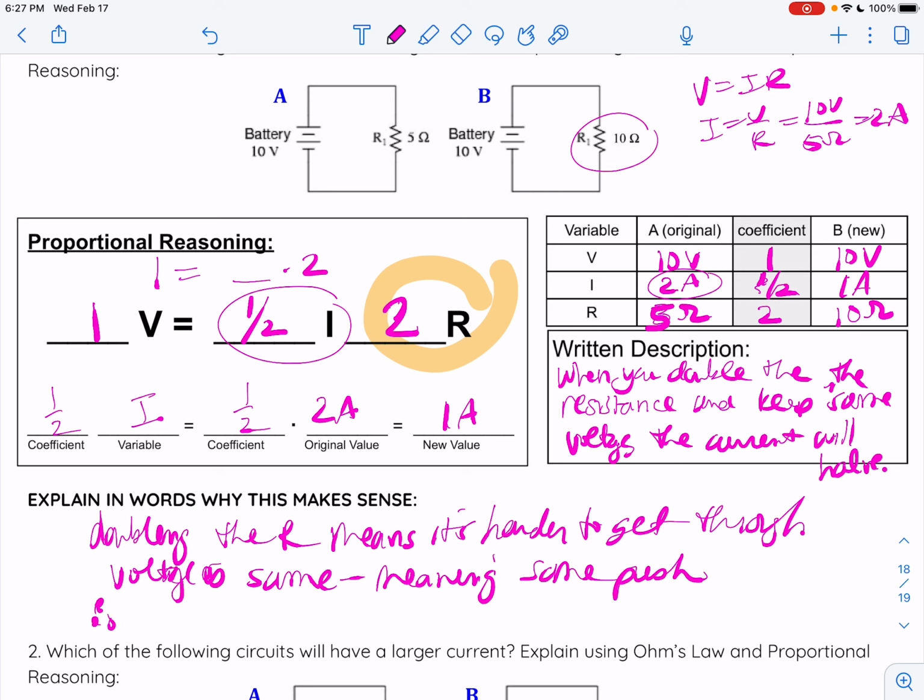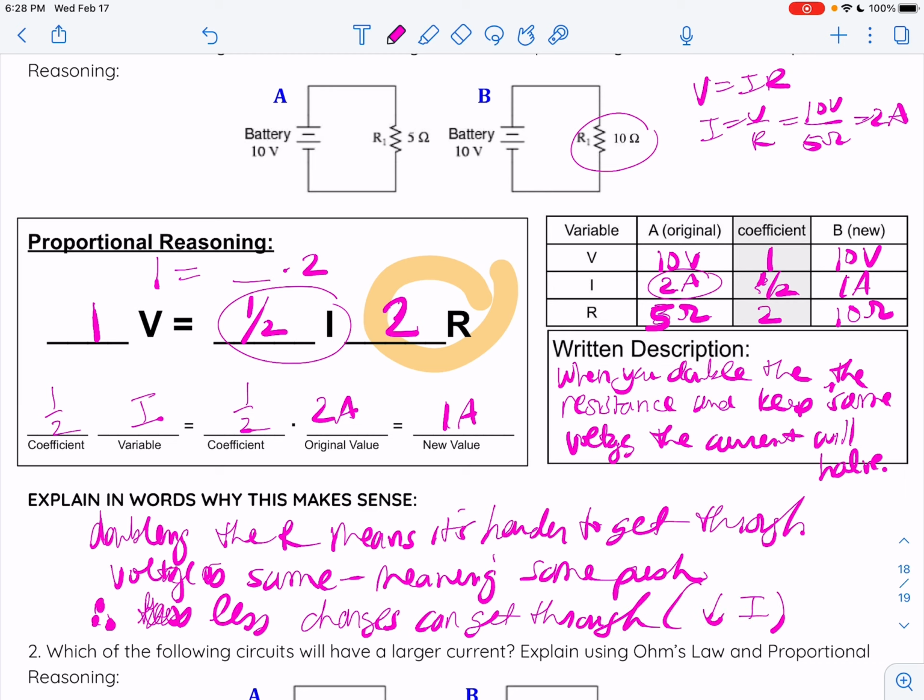Therefore, it's like a little mathematical therefore, those little 3 dots. Therefore, less charges can get through, which means a lower current. So that's what I want you to explain, something like that.